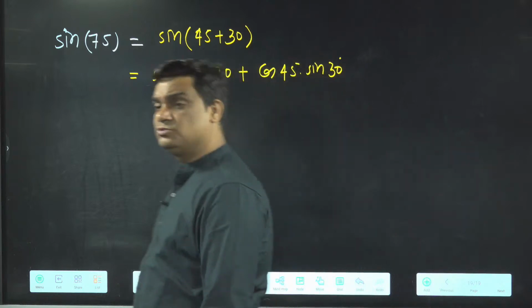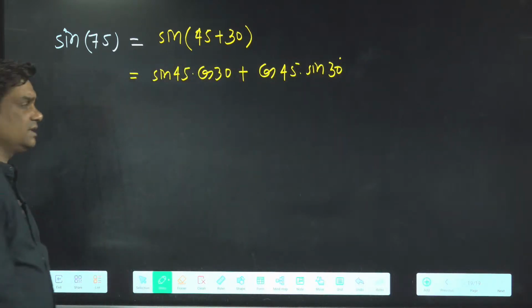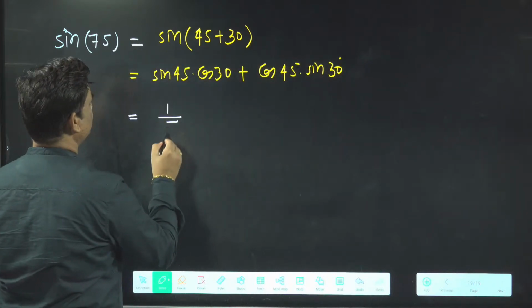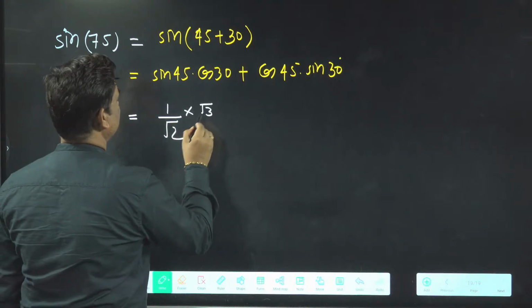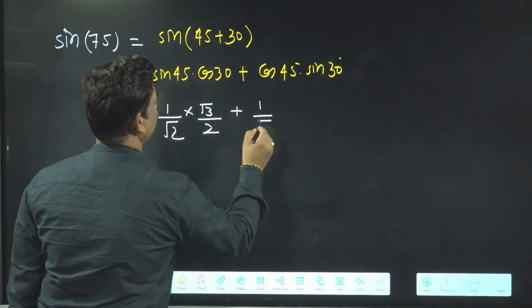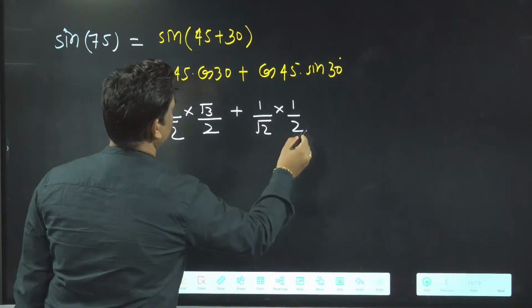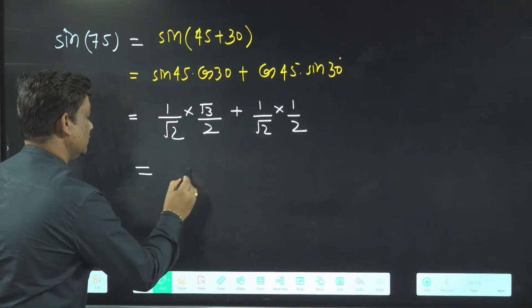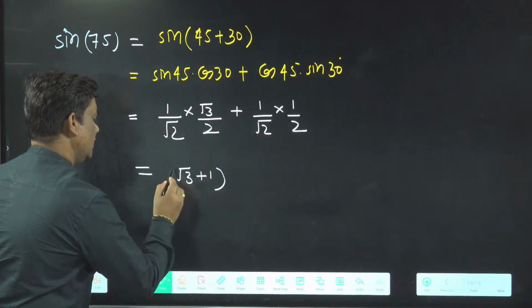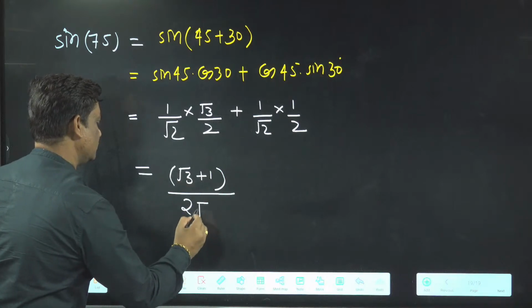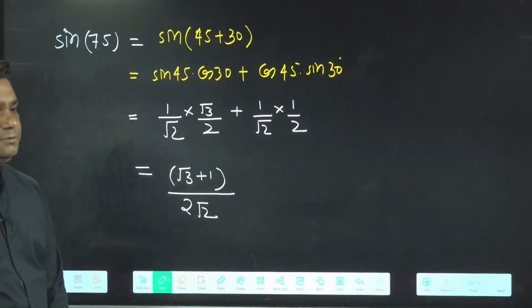You can just put the values, because you know both, and you will get the answer: 1 by root 2 into root 3 by 2 plus 1 by root 2 into 1 by 2. This becomes root 3 plus 1, and on the bottom side 2 root 2. I hope this is clear to you. Yes?